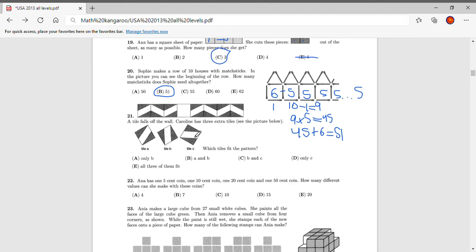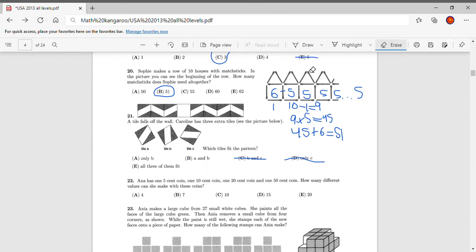And then tile C is equivalent to tile A. So the answer can't just be A, and it can't just be C because it has to be either A and C together. And then all three of them are not equal, so that means all three of them can't fit.